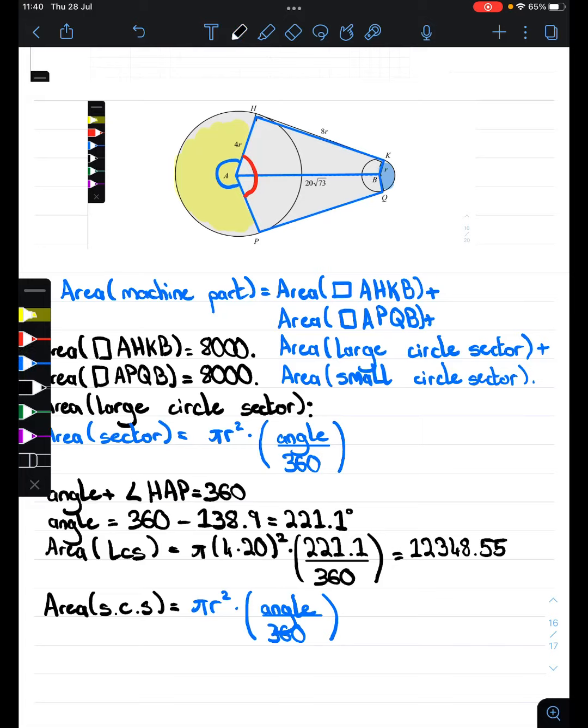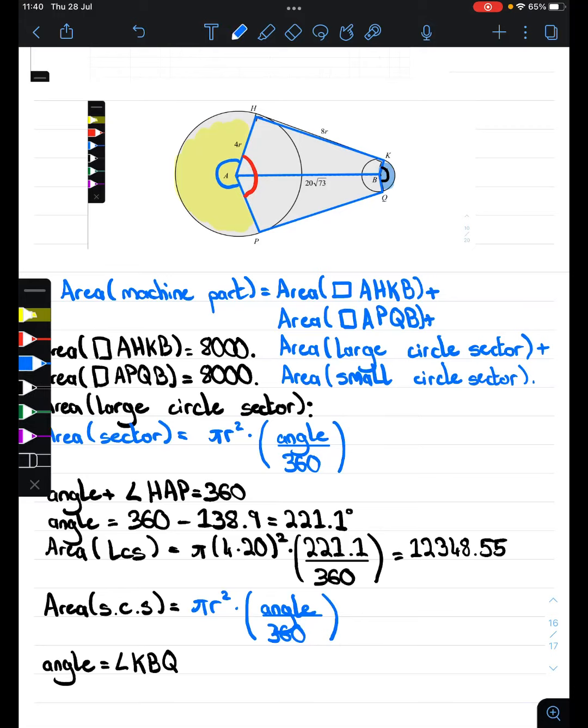Our angle in this case is this angle, KBQ.